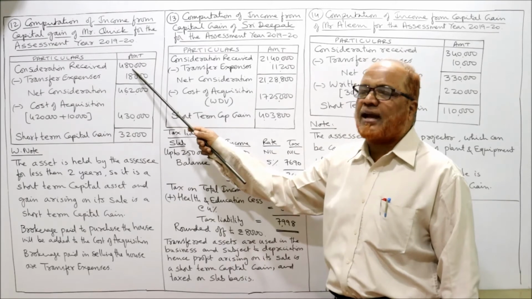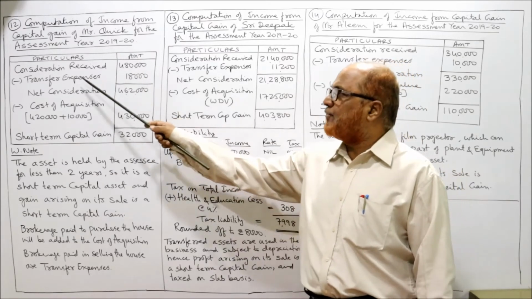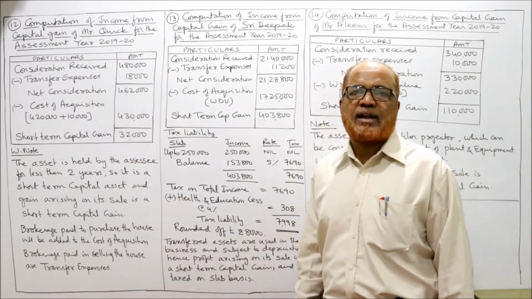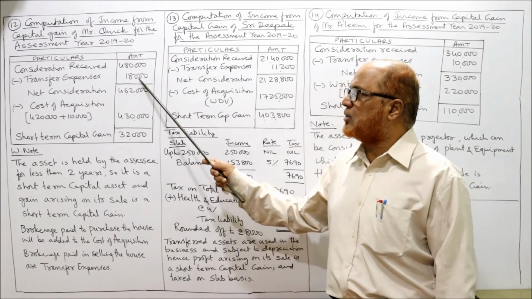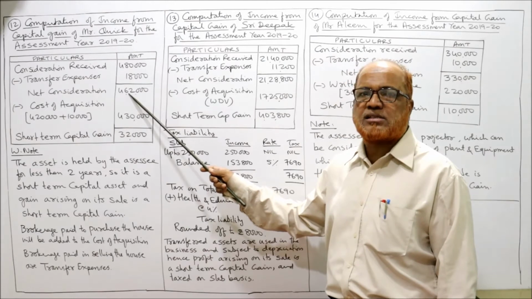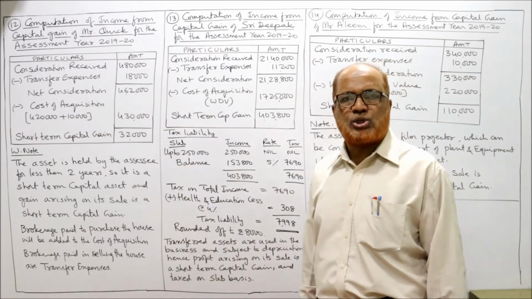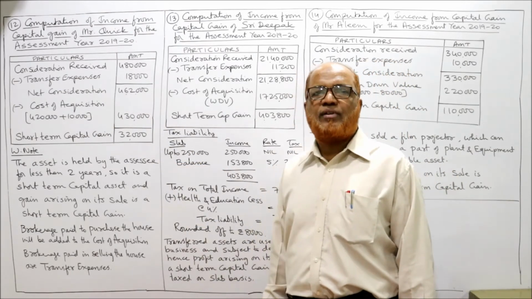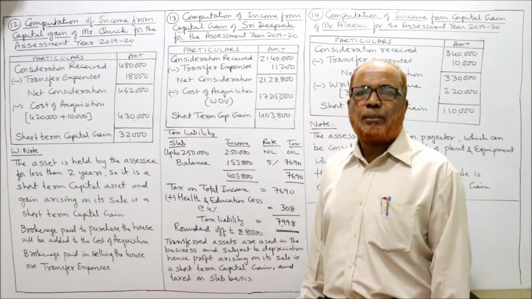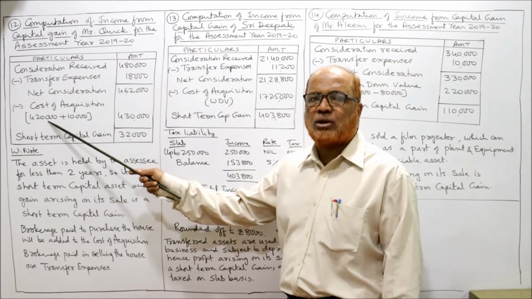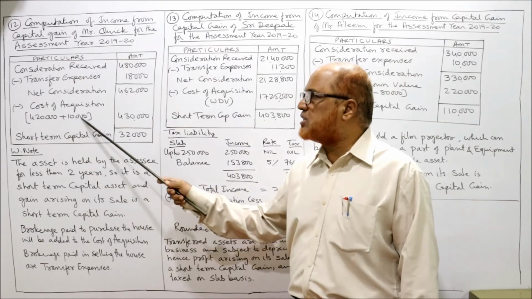Consideration received 4,80,000. This is the sale price. From this we subtract transfer expenses. These are the brokerage paid for selling the house, 18,000. So net consideration 4,62,000 less cost of acquisition. In cost of acquisition we include the brokerage paid to purchase the house. The purchase cost is 4,20,000 and the brokerage paid to purchase the house 10,000.